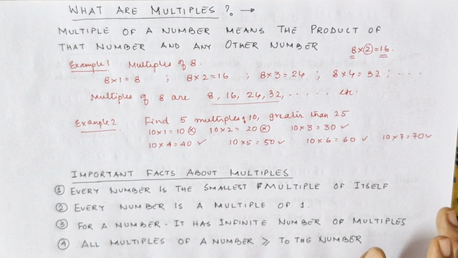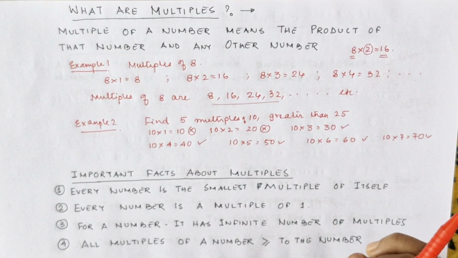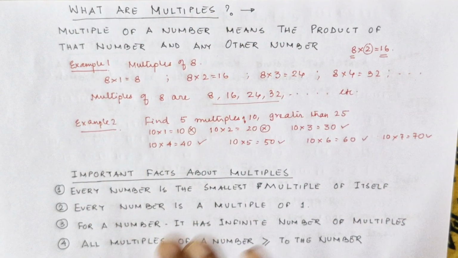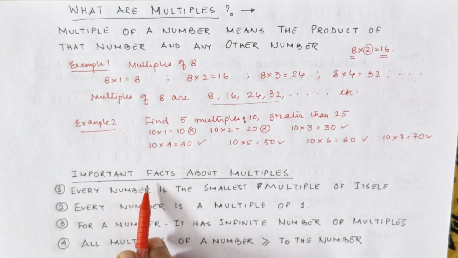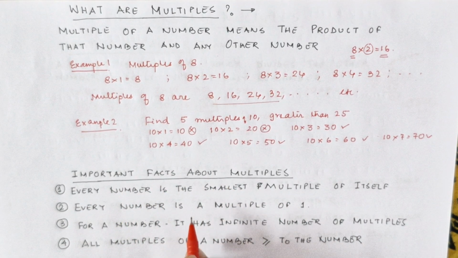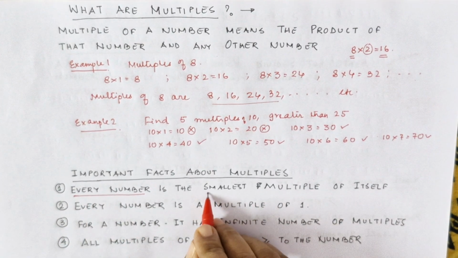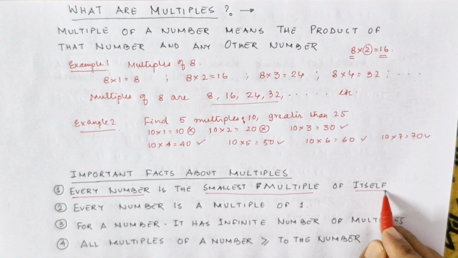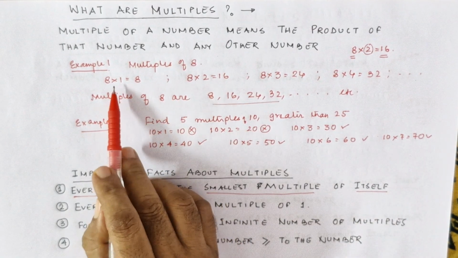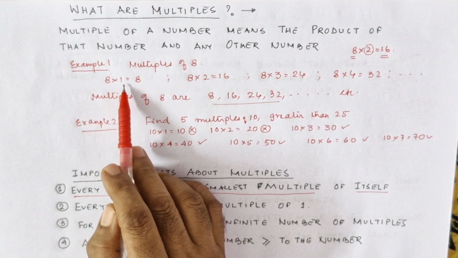Now you know what to do when a simple question on multiples is given to you. From this simple discussion and the definition of multiples, let's study the important facts about multiples. Every number, please note, is the smallest multiple of itself, because the multiples of 8 start from 8 multiplied by 1 to get 8.